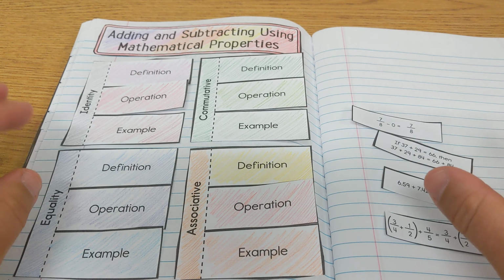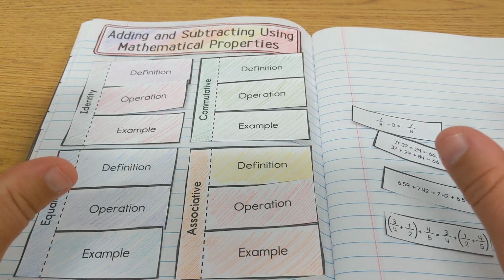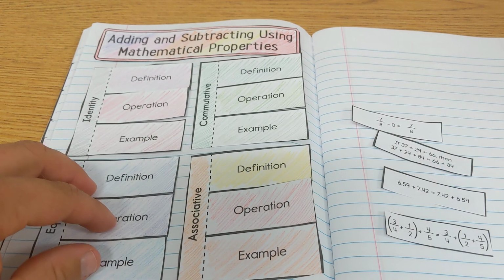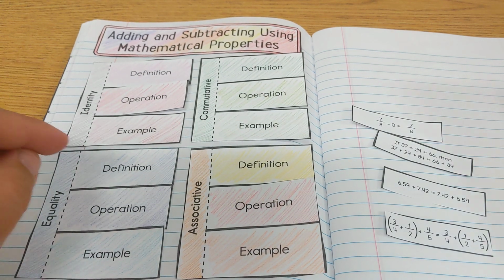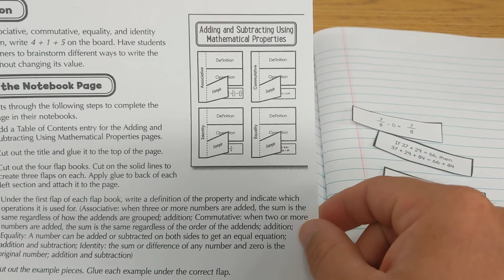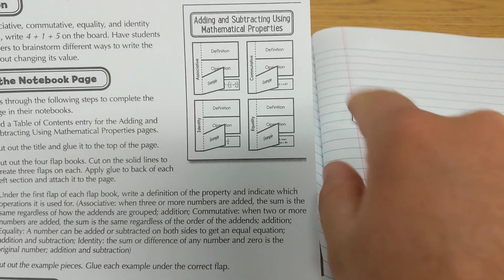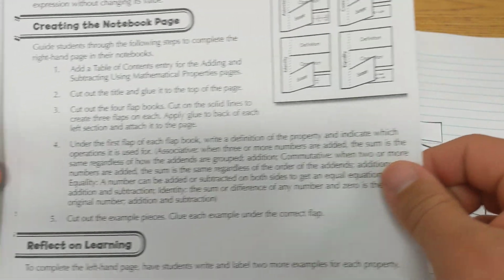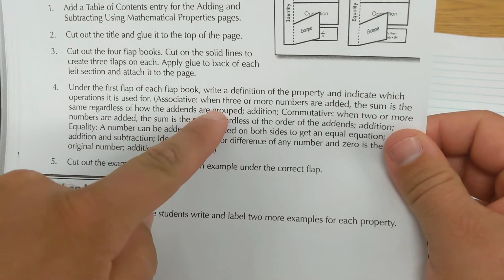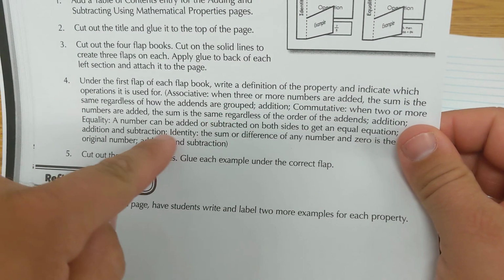Okay, now you should be able to pull it up on your Chromebook and have this right in front of you and look back and forth and write it down. Okay, so if you want to figure out how to set it up, well, right there it is. Okay, and this tells you everything that you need to do, and it gives you the definitions as well.